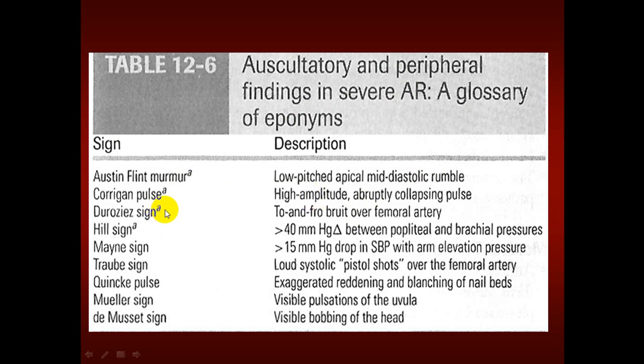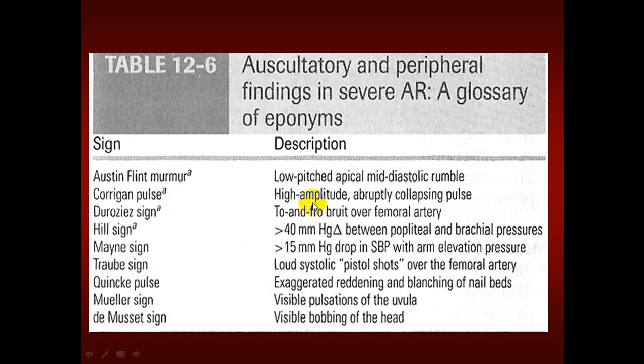Duroziez sign is a to-and-fro bruit over the femoral artery. Hill sign is more than 40 mmHg difference between popliteal and brachial pressure. Mayne sign is more than 15 mmHg drop in systolic blood pressure with arm elevation. Traube sign is a loud systolic pistol-shot sound over the femoral artery.